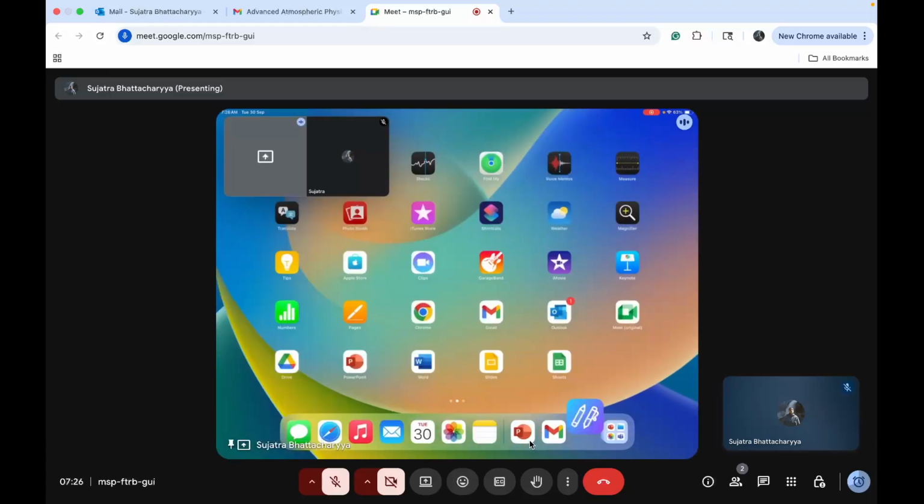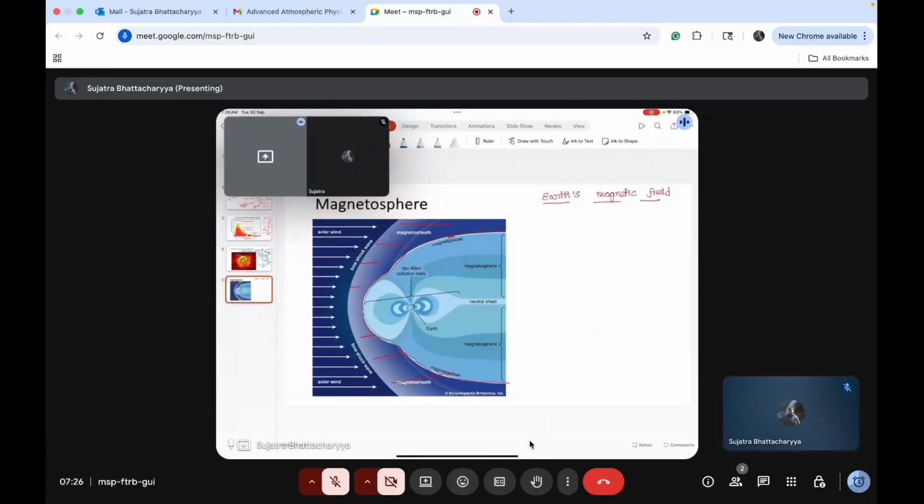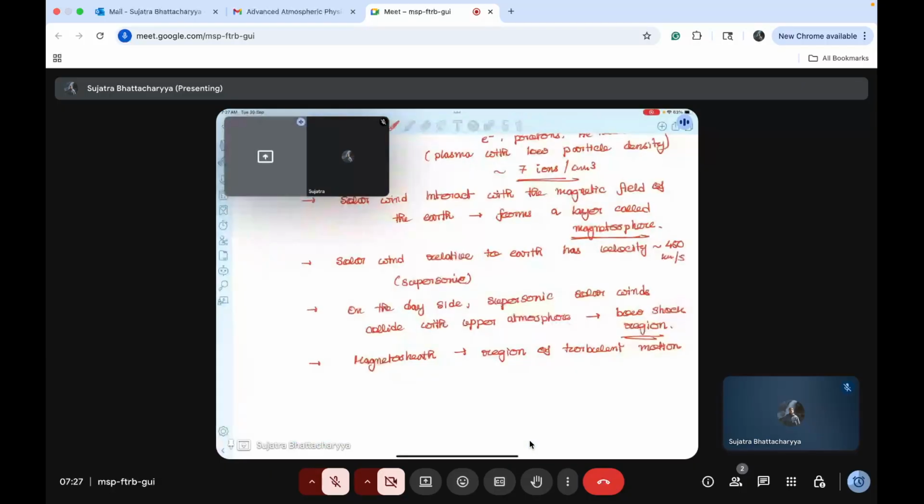This is the magnetosheath. This is the bow shock wave which is created, and just beyond that is the magnetosheath region. The solar particles tend to travel through this magnetosheath region, get to the magnetopause and enter the magnetosphere. Okay, so this is the concept.